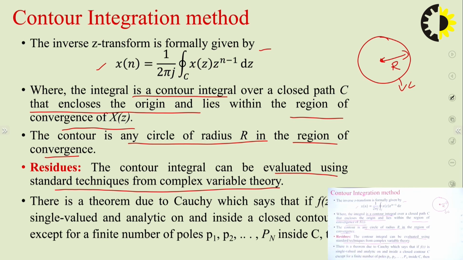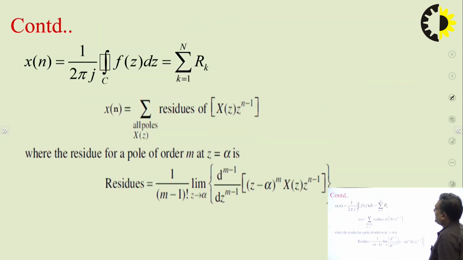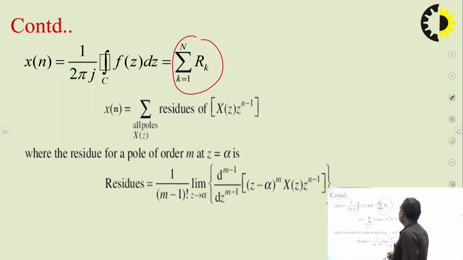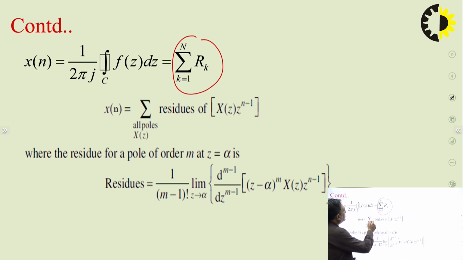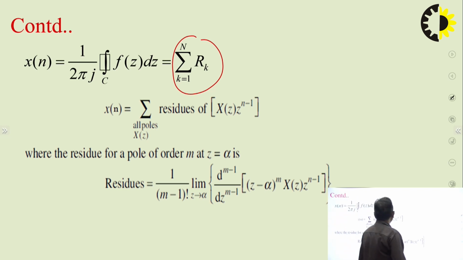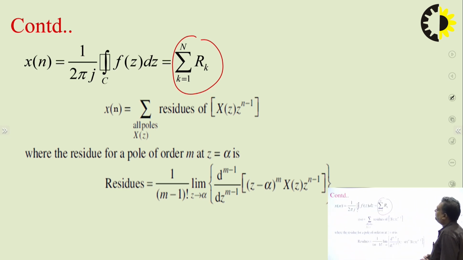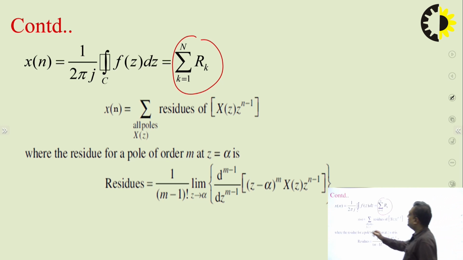There is a theorem due to Cauchy which says that if f(z) is single valued and analytic on and inside a closed contour C, except for a finite number of poles p1, p2, ..., pn inside C, then you can find x[n] according to this formula, which is the sum over k equals 1 to n of Rk, where R is the residue due to a single pole. For each and every pole we find the residue value, and the sum of the residue values gives us the inverse Z transform.